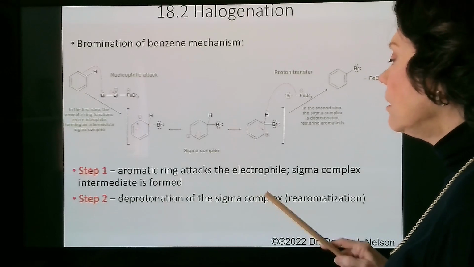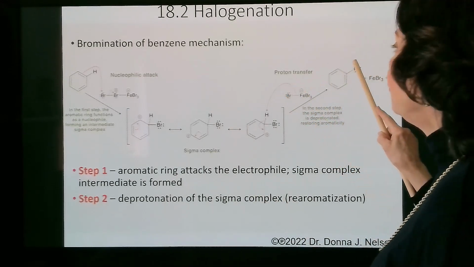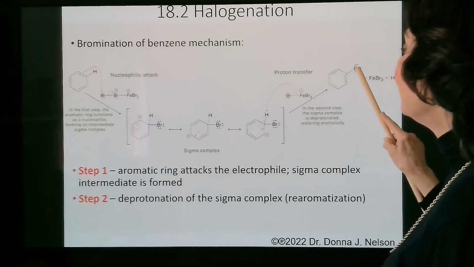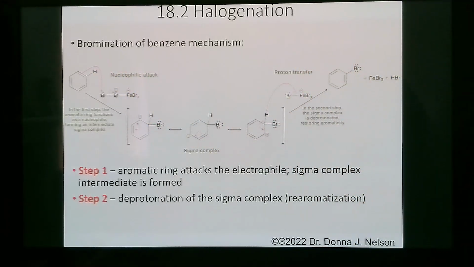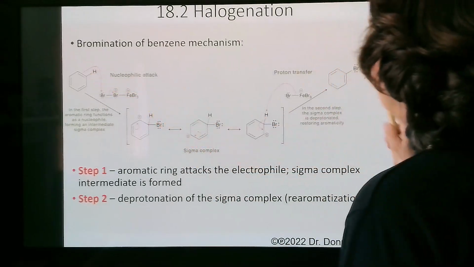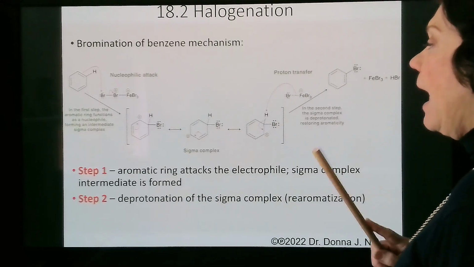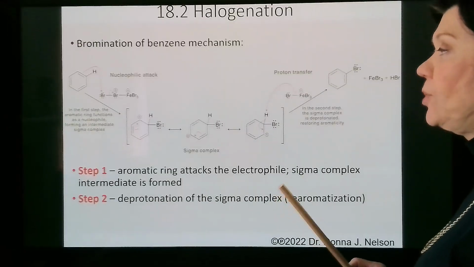So overall, the reaction is to replace the hydrogen with the bromine. In each one of these reactions, you're going to be replacing hydrogen with something. And it's going to have many steps in common.